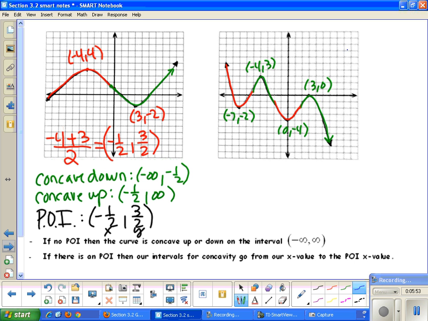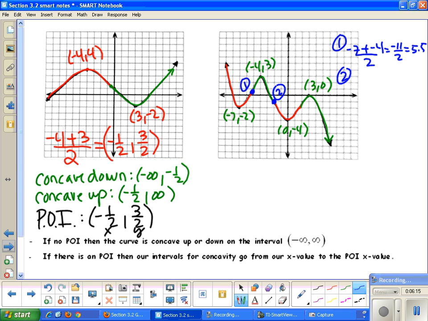So for the first one I have -7 plus -4 divided by 2, which gives me -11 over 2, which is -5.5. That was the first point of inflection, which is right here. Then the second point of inflection is somewhere over here.